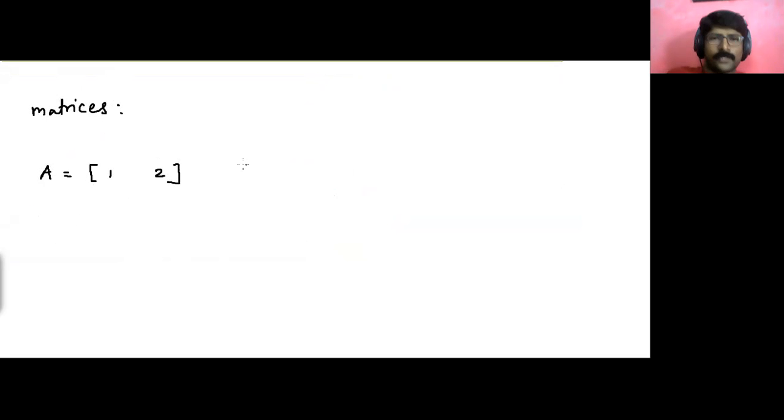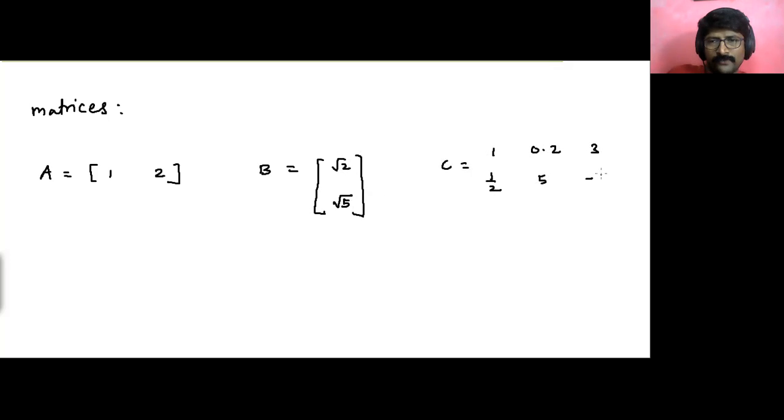Or else you can say matrix B is something like this. Or root 2 and root 5, something like this. Or matrix C is something like this, like 1, 0.2, 3, 1 by 2, 5, negative 6, or 5.